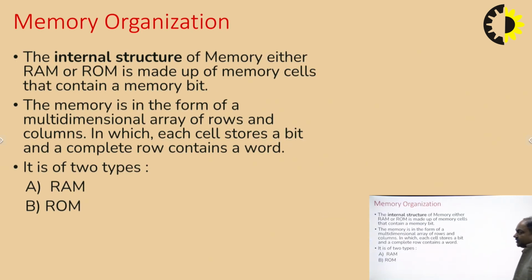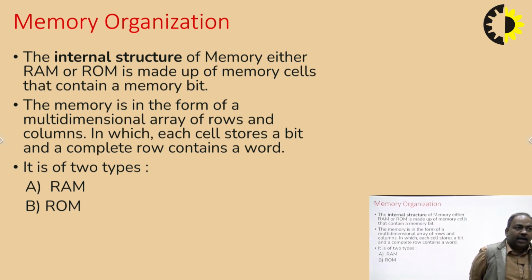Memory organization. In the internal structure of memory, RAM and ROM are made up of memory cells, and these cells contain the memory in the form of bits. Also these are multi-dimensional arrays of rows and columns in which bits and words are stored. So each column stores a bit and each row stores a word.